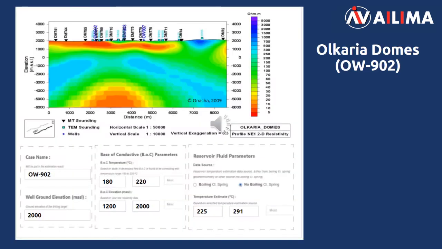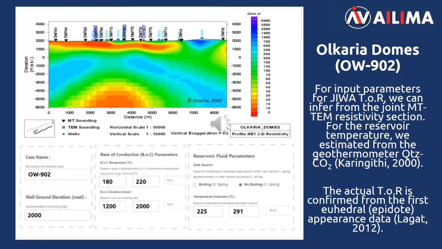Olkaria Domes OW902. We utilize the GeoTOR, an analytic tool in GeoSystem, to allow a quick simulation and integration of MT, thermal manifestations, and topography information of the well to be drilled. The embedded steam table and Monte Carlo simulations enable the results to be provided in a probabilistic manner, promoting better risk analysis in the exploration stage.